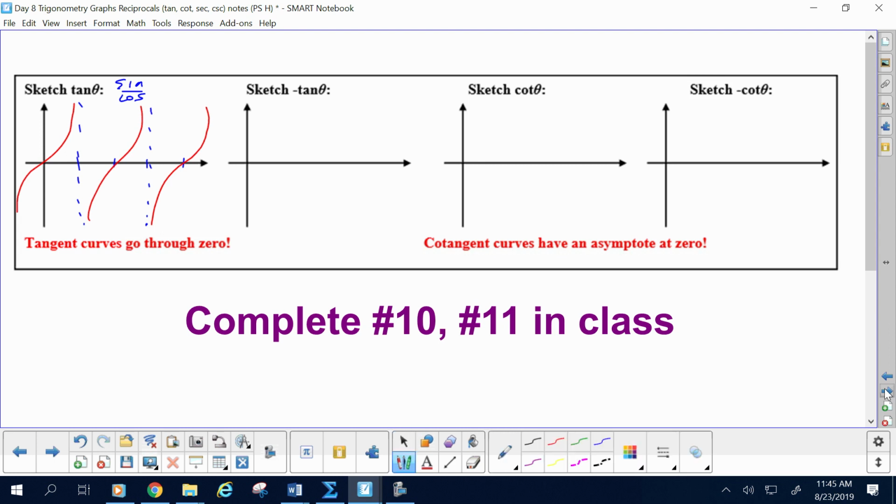If you took the opposite of tangent, that means change all the y's to negative, so reflect this way. What would negative tangent look like? It would still have the same asymptotes, but the curves would be reflected this way.